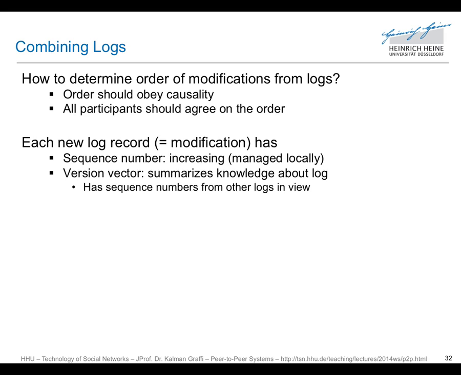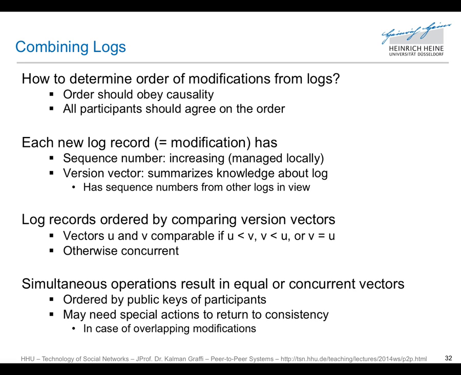In order to help this merging, it first has to have a sequence number to know in which order they are. But this is just local, so that doesn't help globally. Second, it tells what it is based on. So how is the relationship to other logs, to be able to identify an order of logs?